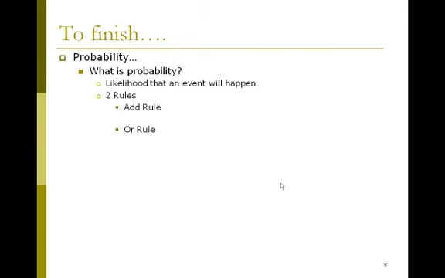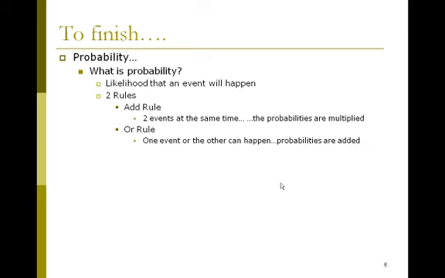For the and rule, the two events happen at the same time, and in this case the probabilities are multiplied. For the or rule, it's a case that one event or the other event can happen, and to calculate this, the probabilities are added.